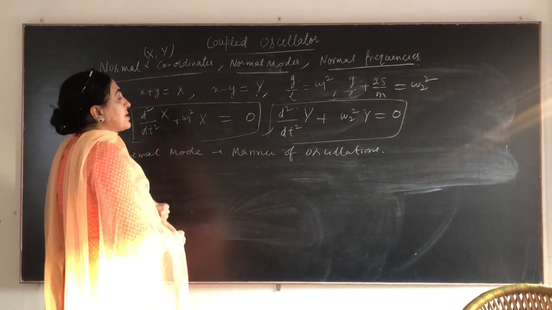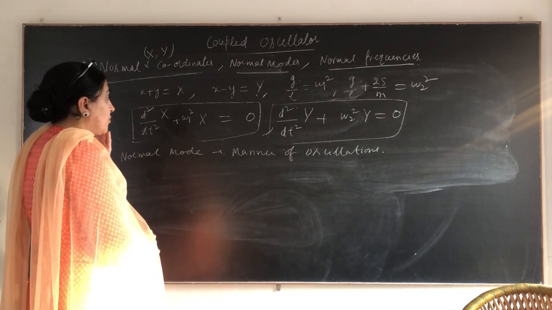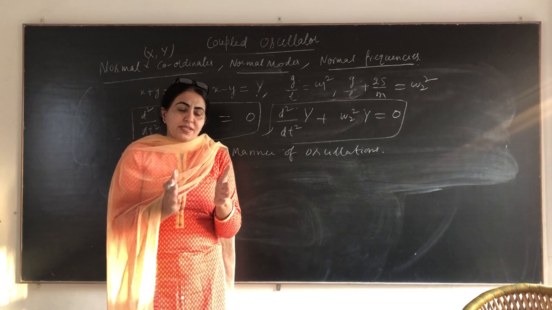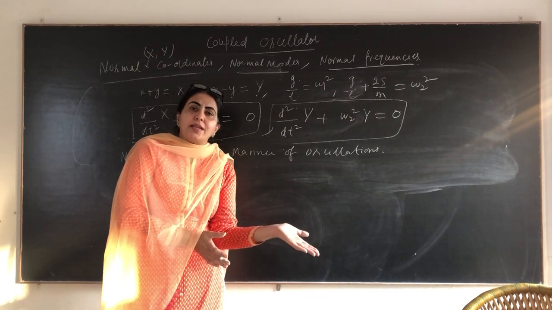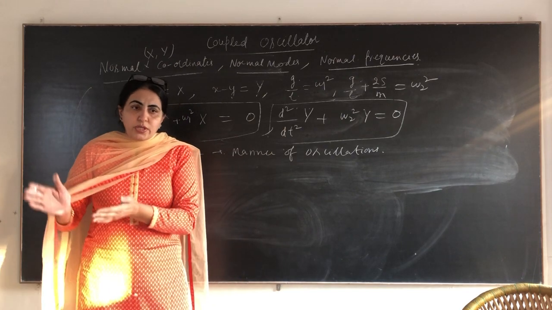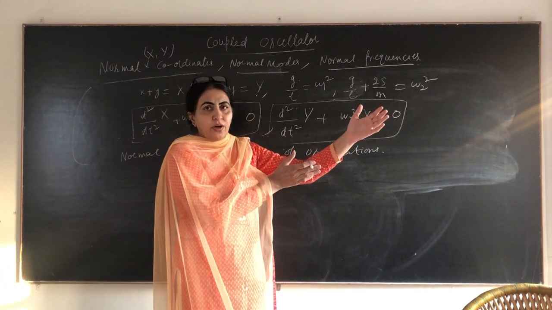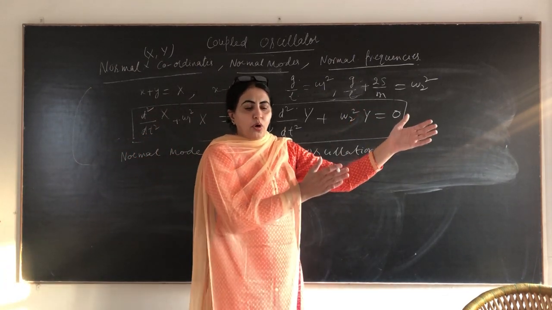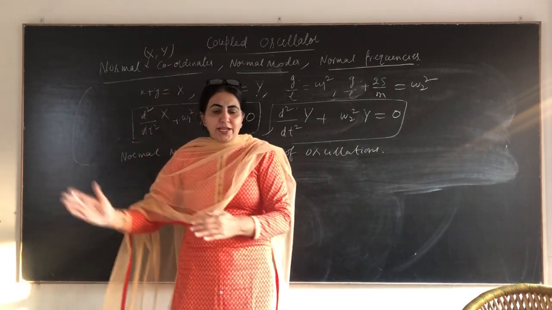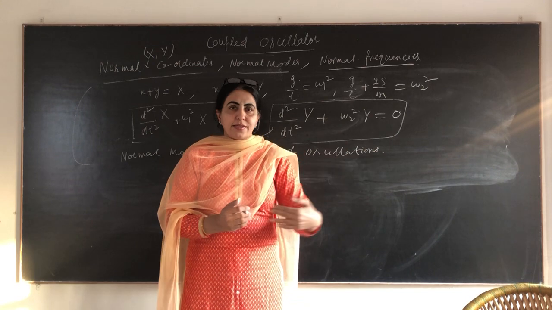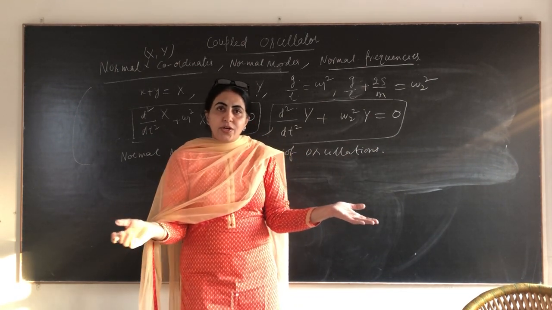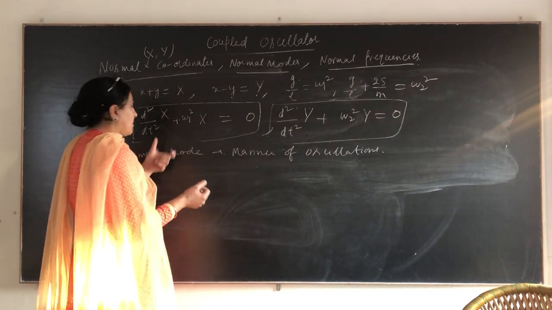You can say there are two manners. How the system is coupled, how they can move: both the oscillators may move to the right side, both to the left side, or one on this side and the other on that side. So these are the manners in which they can oscillate. This is called normal mode.